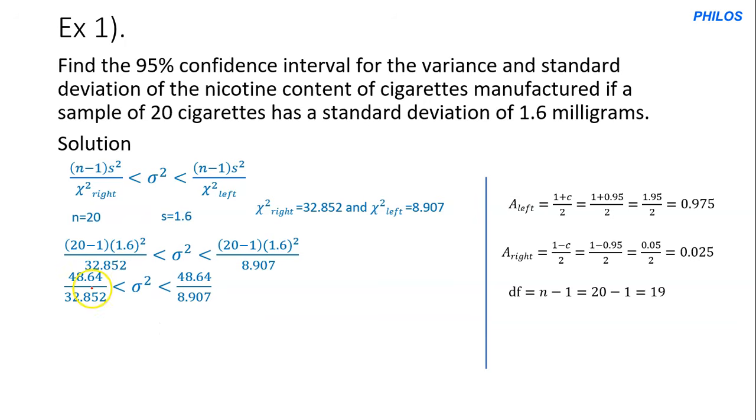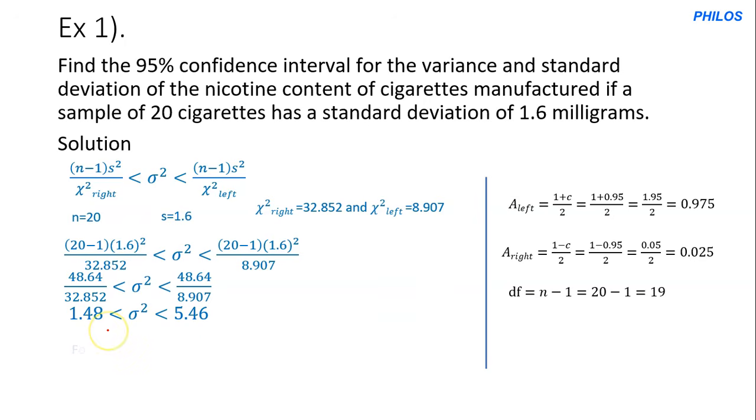When you enter 48.64 divided by 32.852 on your calculator, you get 1.48. Then the upper limit will give you 5.46. So we can conclude that one can be 95% confident that the population variance is between 1.48 and 5.46.